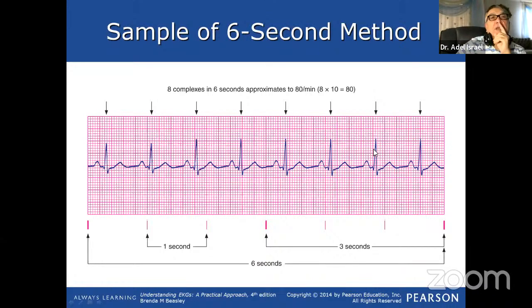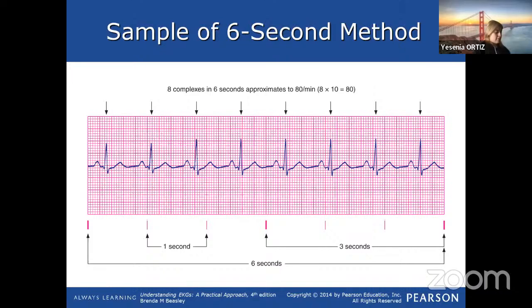So we have between R and R almost 23 small boxes. Use your cell phone also and divide 1500 by 23. What is the outcome number? 65.21.